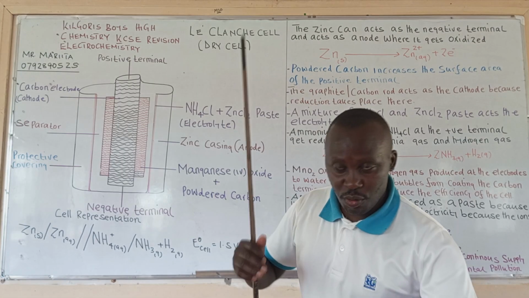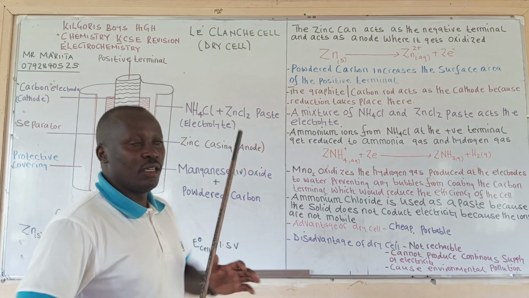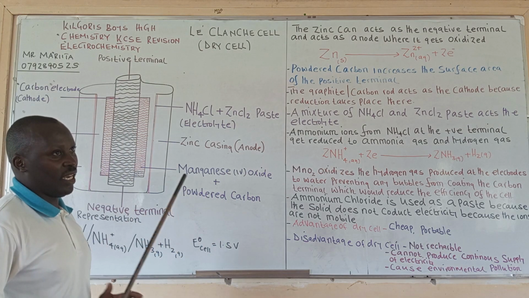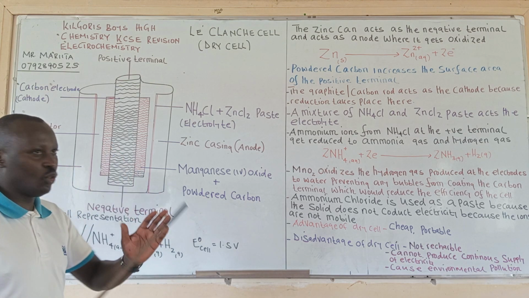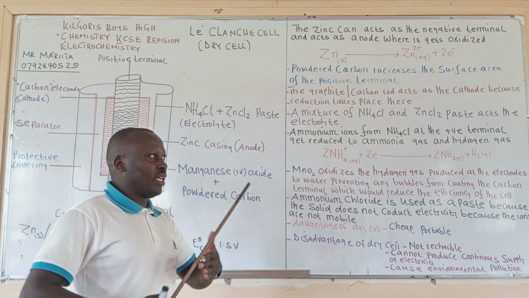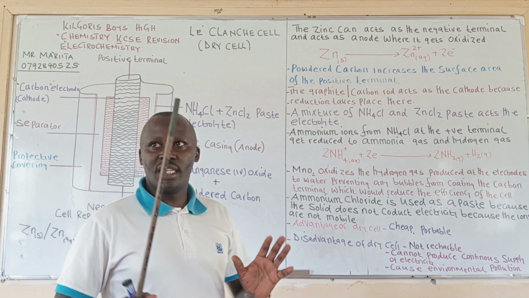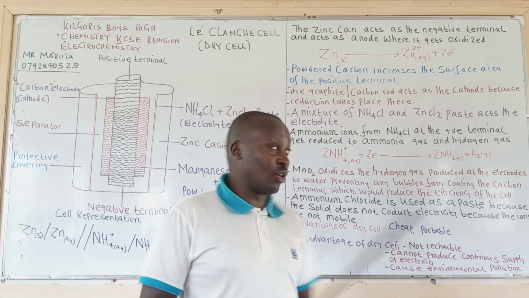Now, what are some of the questions expected from this cell? One thing you need to understand is writing the equations at both the cathode and the anode.